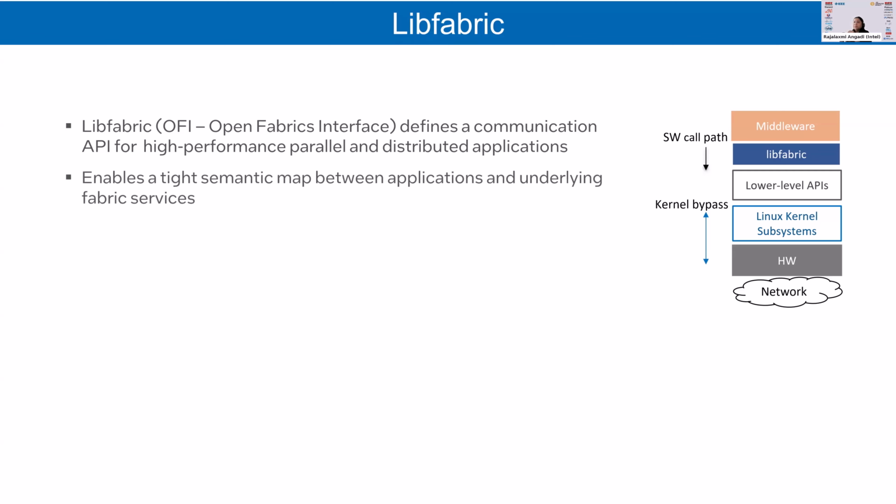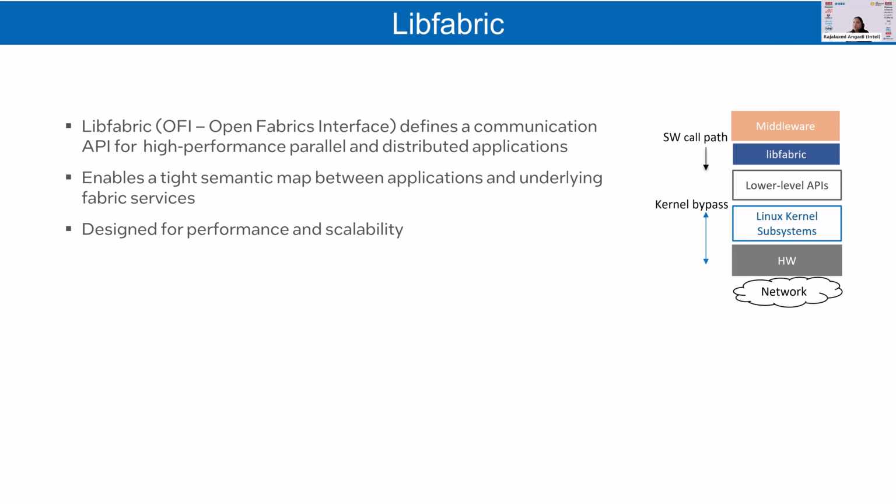And it does it by mapping the lower layer fabric services to the interfaces that are exposed to the applications, and it aligns more on the application side as well. So this provides the tight semantic mapping between the various features from the hardware and the APIs that are exposed to the applications on the top.